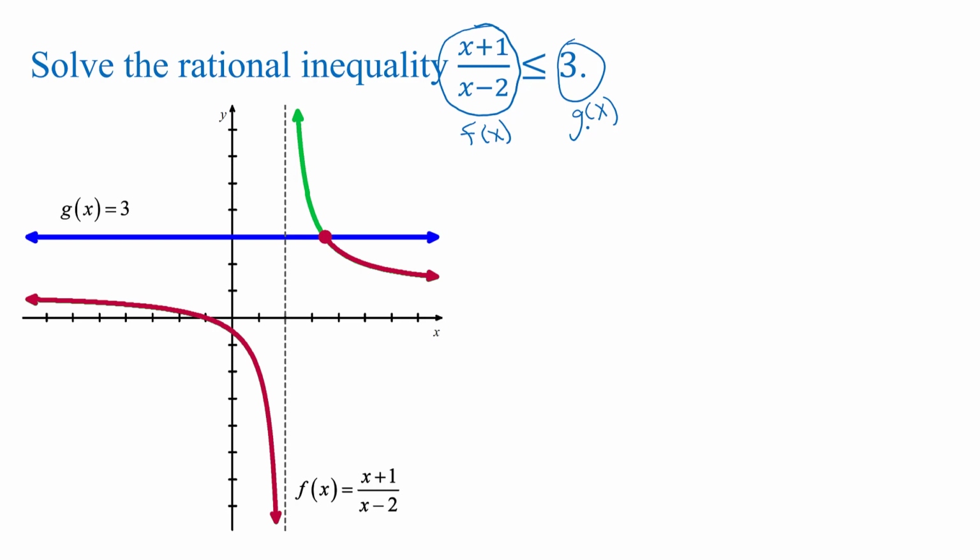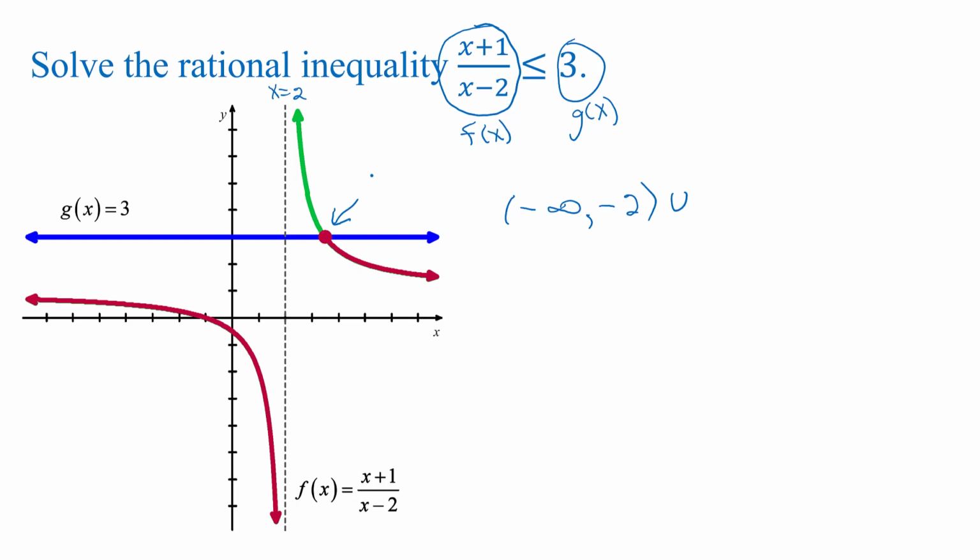Well, I can quickly see that f of x has a vertical asymptote, x equals 2, and that to the left of x equals 2, the graph of f of x is clearly below the graph of g of x. So part of my solution here is going to be negative infinity to 2. And then the other part of the solution would start at this point of intersection of the two graphs. This is where it's a little bit hard to tell what that point of intersection is, and we will actually solve this in the next part of the lesson where we do algebraic solutions.